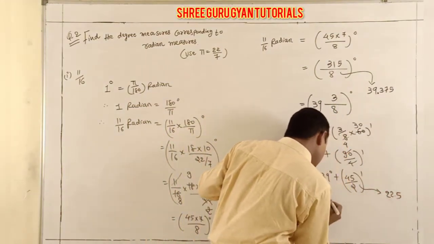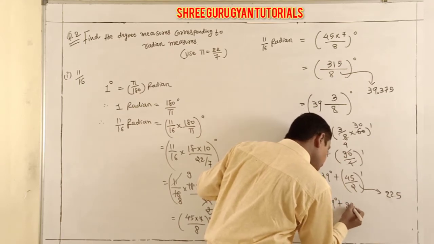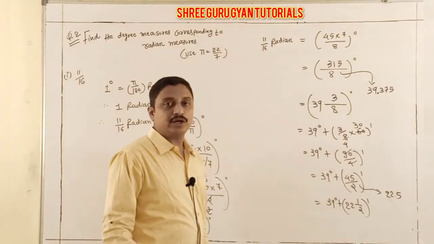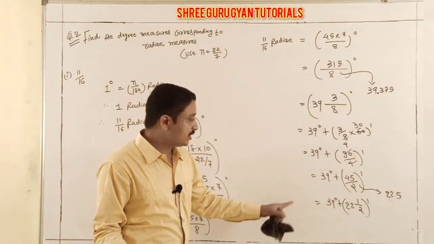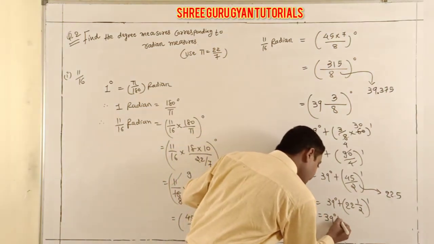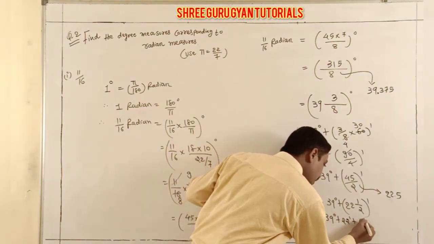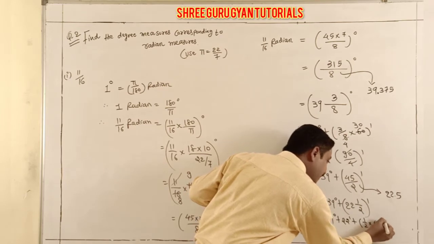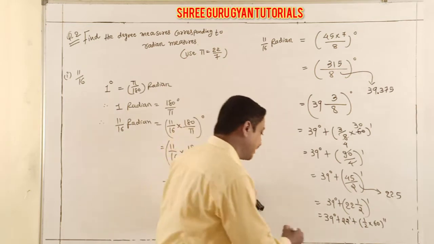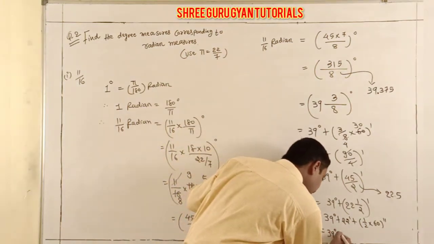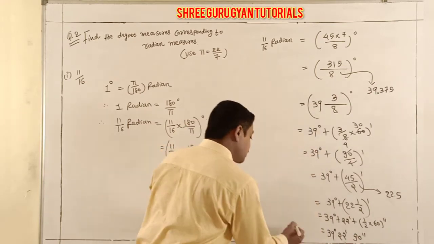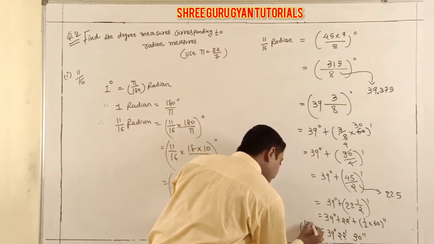It means, students, 39 degree 22 and a half minutes. Now 39 degree 22 minute and half into 60 second. So half into 60 second is 30 second. So 39 degree, 22 minute and 30 second. This is the answer, students, for 11 by 16 radian measure.